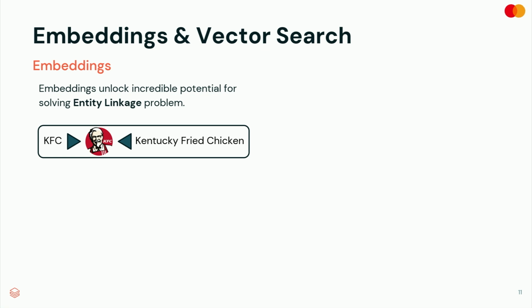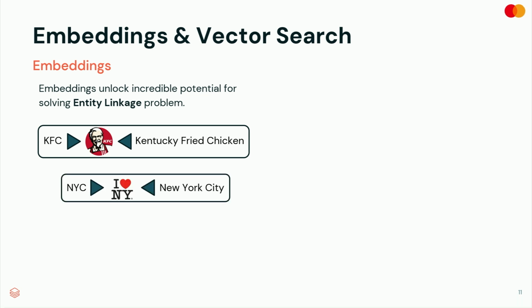But when you have Kentucky Fried Chicken and KFC, it's hard to find a metric that will tell you that these two strings are related to the same entity. Same goes with some locations, New York City and NYC. But it's not just about acronyms. You have Walmart and WM Supercenters, which stands for Walmart Supercenters. There's no string similarity, but yet they refer to the same entity.